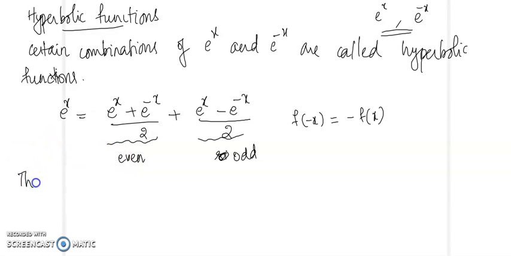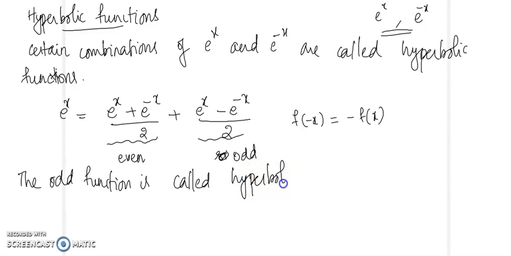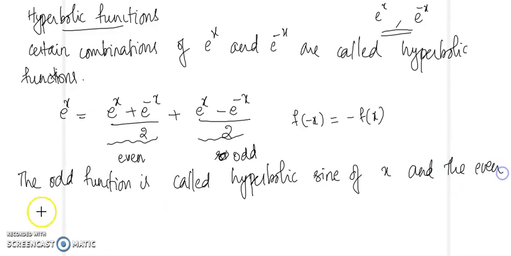So the odd function is called hyperbolic sine of x, and the even function is called hyperbolic cosine of x.